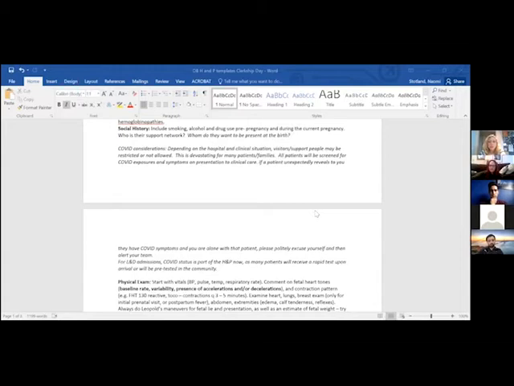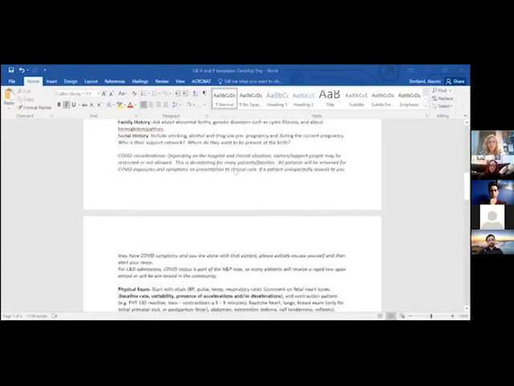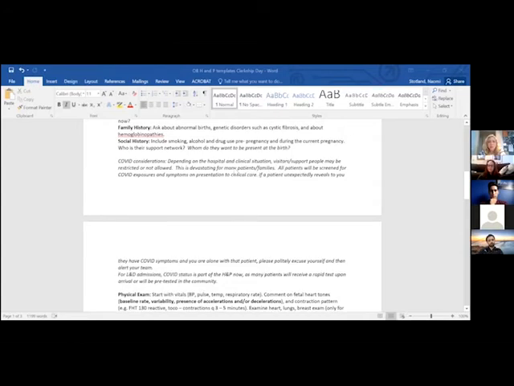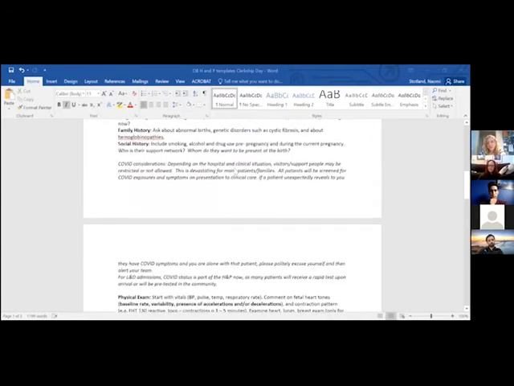In terms of what happens when patients come in for care with COVID, for example at SFGH, patients are screened when they come in the door to triage, either for labor or any other problem, for COVID symptoms and COVID exposures.